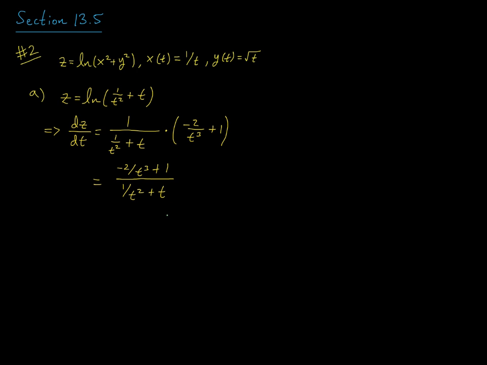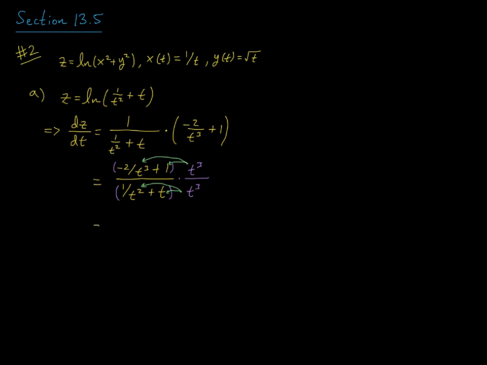Okay, and now for this, I'm going to go ahead and clear out these denominators. I have a t cubed on top and a t squared, so let's use the highest exponent term. In other words, I'll multiply the top by t cubed as well as the bottom, and then we can distribute this t cubed here and here, and then down here it'll distribute as well.